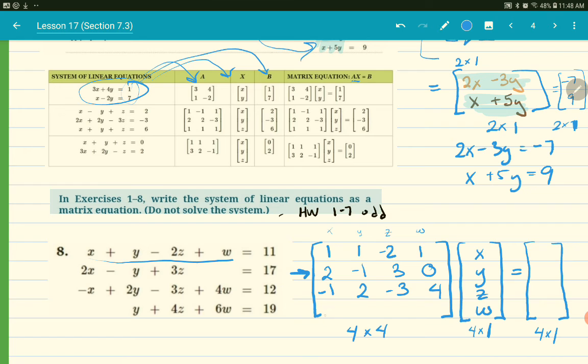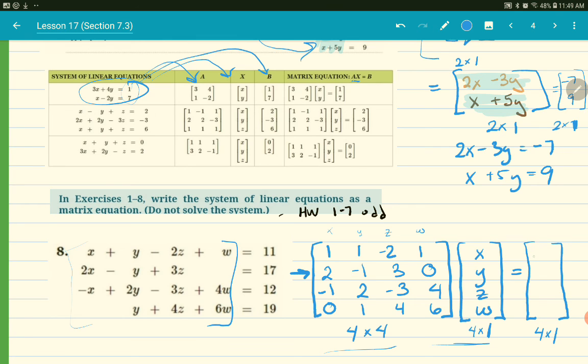On the last equation, there's no x term, so that means that's a 0 coefficient, and then we have 1, 4, 6. When I multiply these two matrices together, I will get these 4 equations in a 4 by 1 matrix. On the right of that, we have 11, 17, 12, and 19.